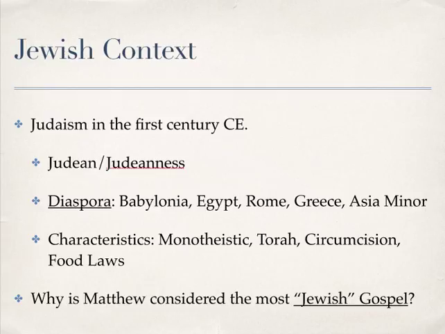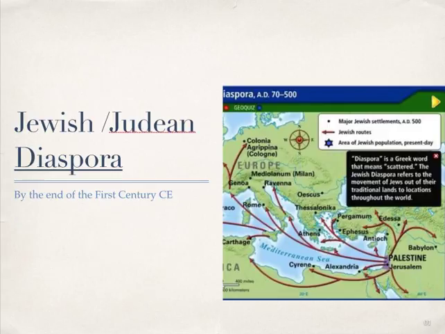Before we get into why Matthew is considered the most Jewish gospel, I just want to give you this slide and show you that by the end of the first century of the Common Era, by the time the Gospel of Matthew was written, Jews had spread throughout the Greco-Roman world.